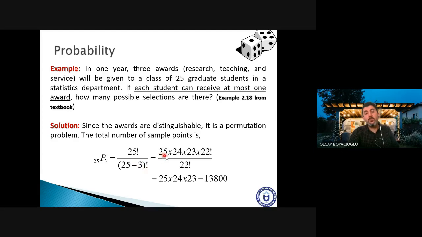Here it is: 25 times 24 times 23 times 22 factorial, let's not write all of them, divided by 22 factorial. At the end, these 22 factorials cancel each other out, and we have only 25 times 24 times 23. The answer would be 13,800 different possible selections available to give these 3 awards to the 25 students.